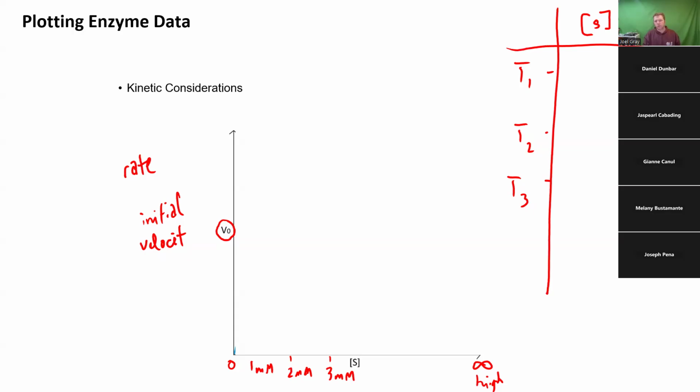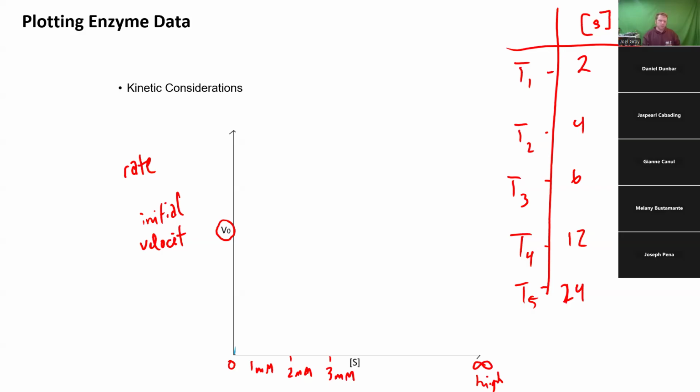Trial 1, you have a substrate concentration of 2, then 4, 6, T4, T5, let's go to 12 and 24. In terms of your initial velocity, you're monitoring product formation versus time. So your velocity, or your rate, is how much of your product is being generated in a second.